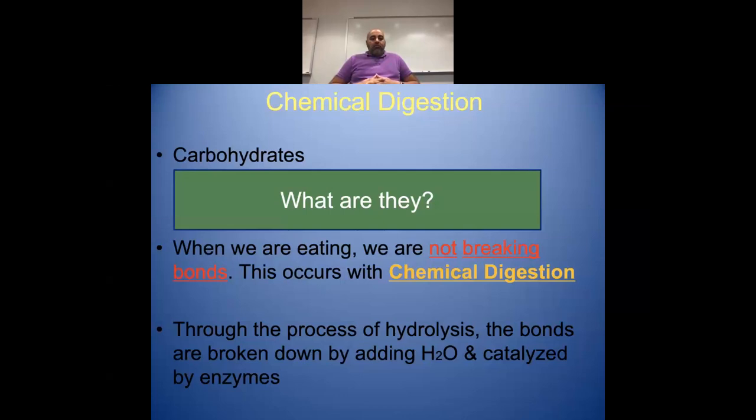The problem with carbs is, if I eat a piece of candy or I eat pasta, they both are glucose. But when we talk about chemical digestion and absorption, in order to absorb, it must be in the monosaccharide form, or the monomer, the individual.